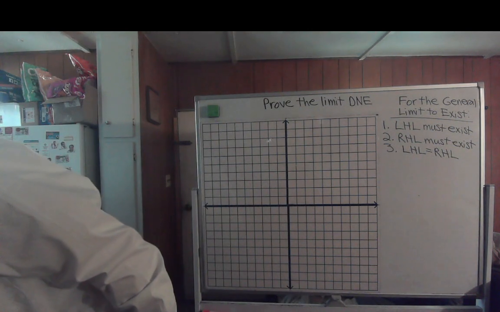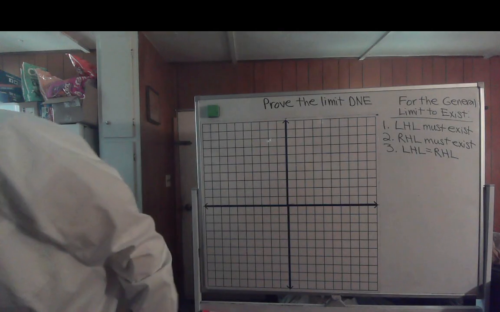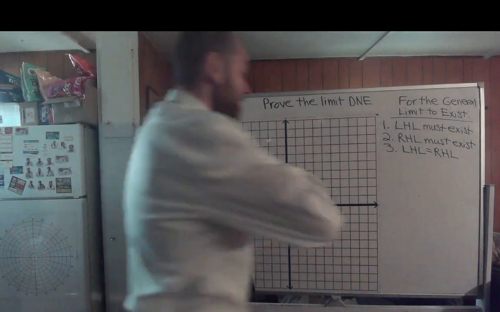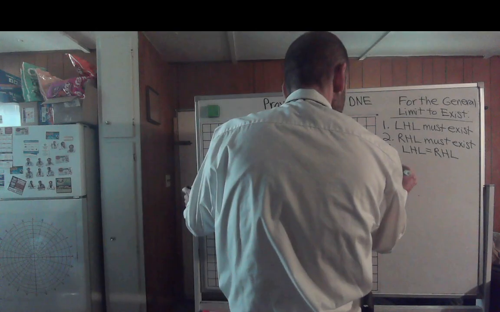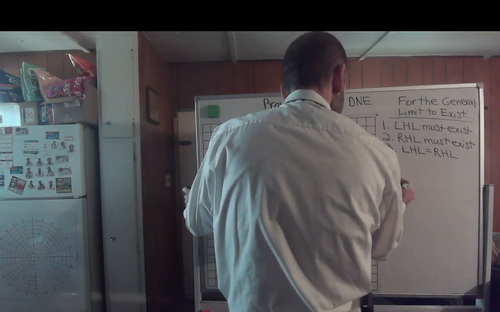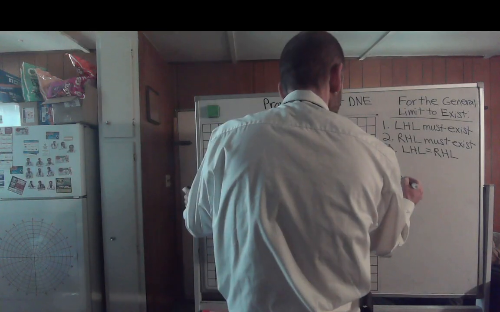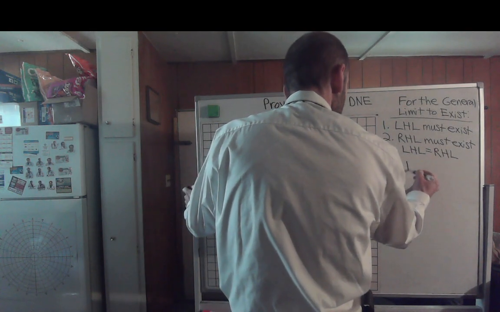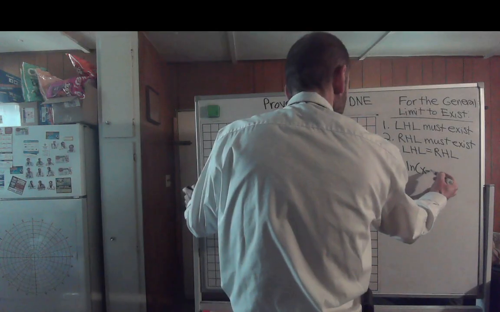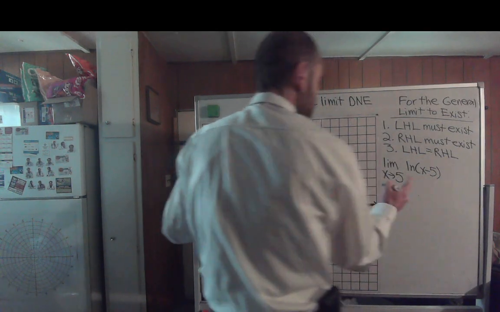So let's prove the limit as x approaches 5 of the natural log of x minus 5 does not exist.